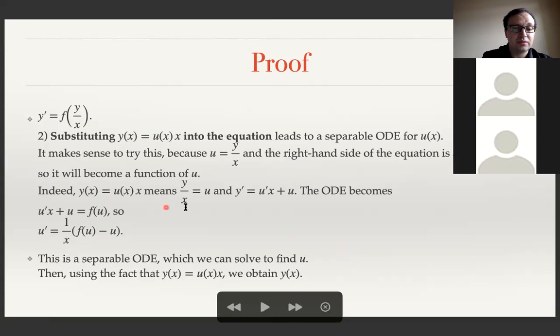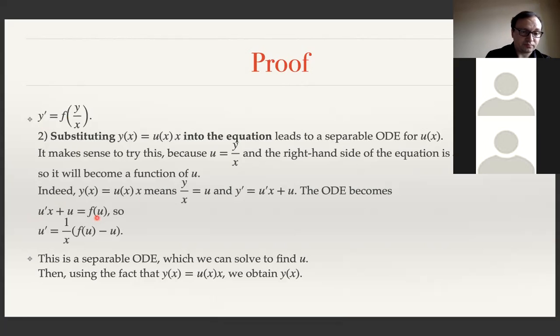So we use the substitution, u is equal to y over x, which means that y is equal to u times x, and implies that y prime is equal to u prime x plus u. So making the substitution, y prime becomes u prime x plus u, and f of y over x becomes f of u.